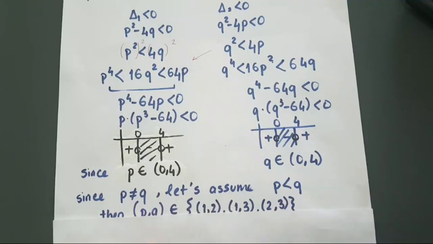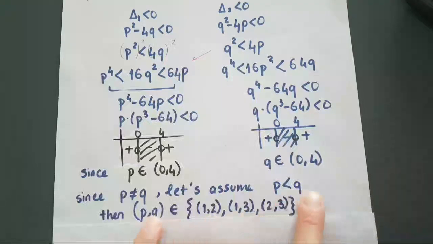What are the possible ordered pairs for p and q? They are both smaller than 4 and greater than 0, which means the possibilities for p and q are 1, 2, 3. So if p is smaller than q, 1 and 2, 1 and 3, and 2 and 3 are the possible ordered pairs for p and q.